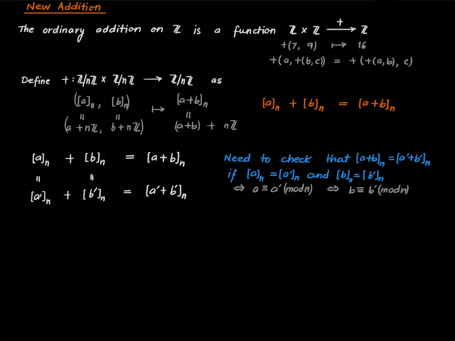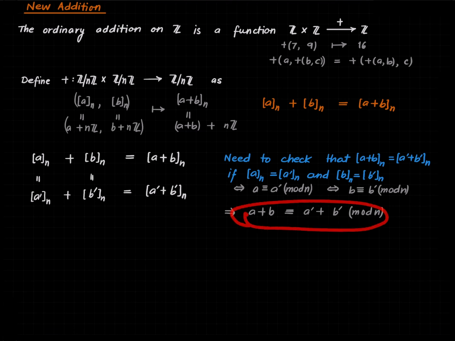But now by modular arithmetic, A plus B is congruent to A prime plus B prime modulo n. Just use modular arithmetic. But now this is equivalent to saying that the equivalence class of A plus B is equal to the equivalence class of A prime plus B prime.